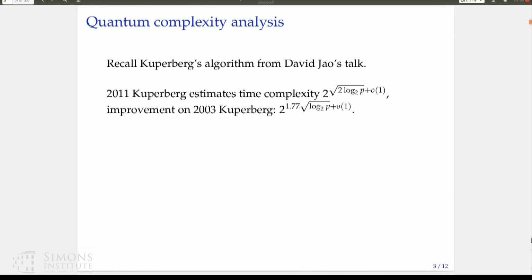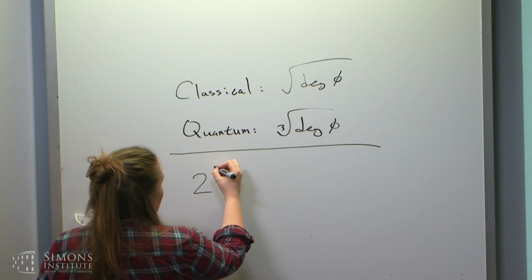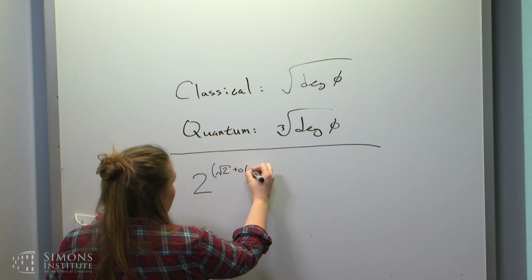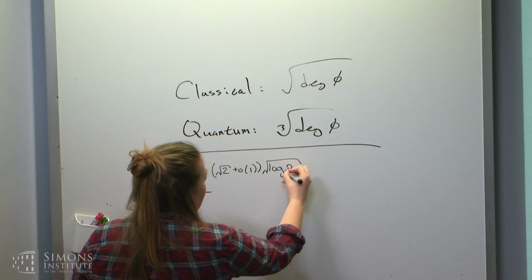So the most recent improvement in the asymptotic complexity of Kuperberg's algorithm for the hidden shift problem was in 2011. And that time complexity should be 2 to the (square root 2 plus O of 1) all times the square root of log p.